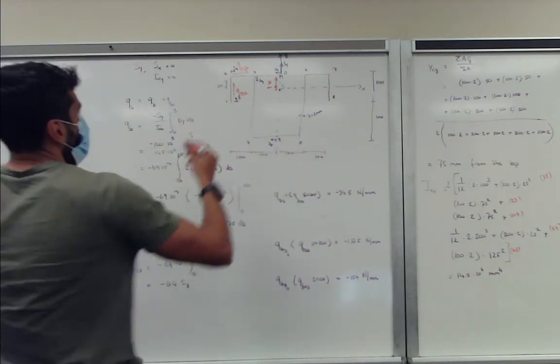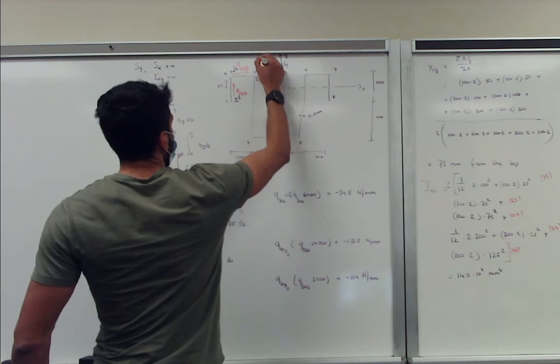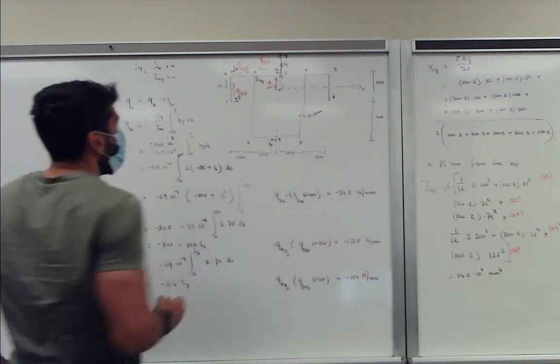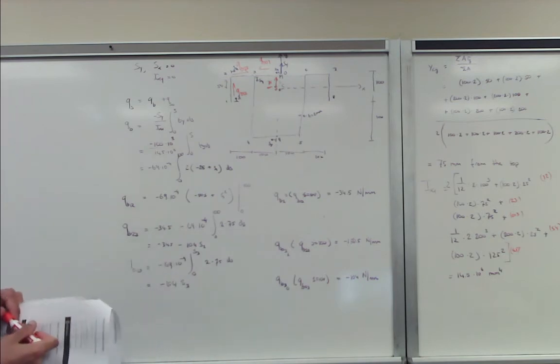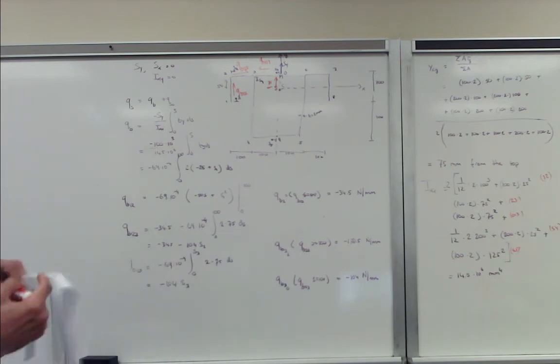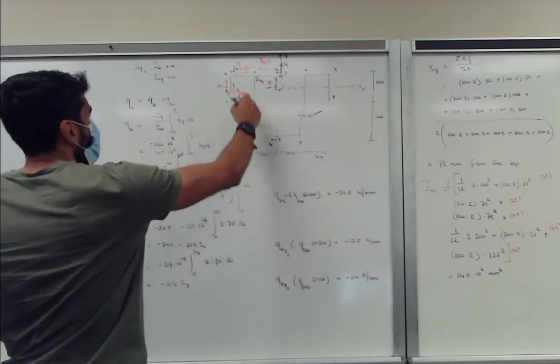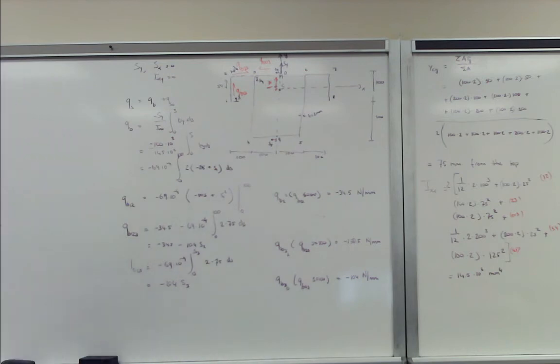So we now also know this segment, QB03. Now we know all the incoming shear flows at point 3, and we can calculate the outgoing shear flow. So now, and only now, we can calculate segment 3-4.